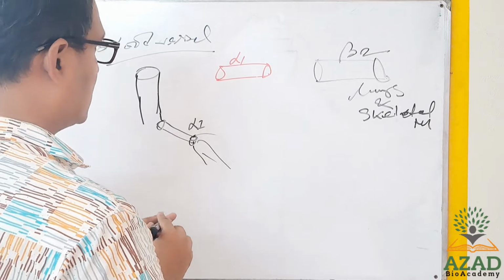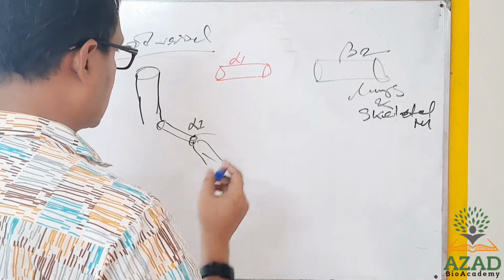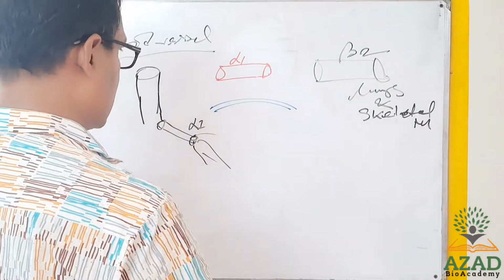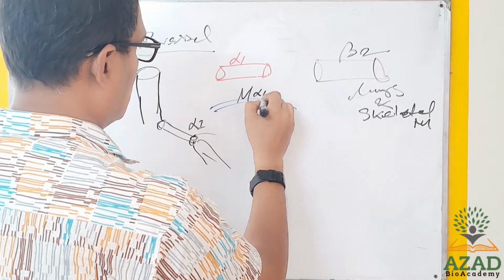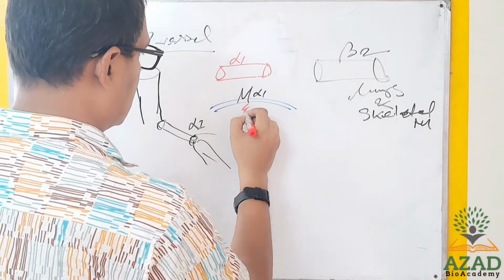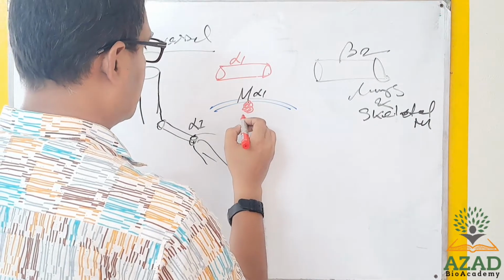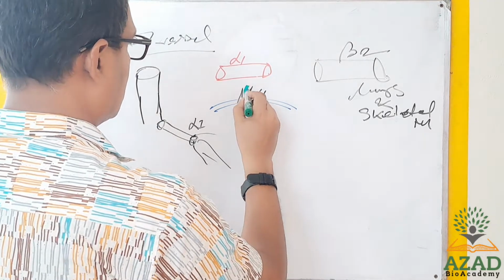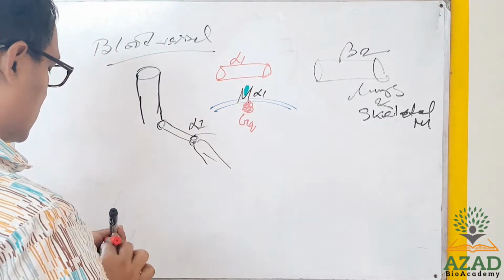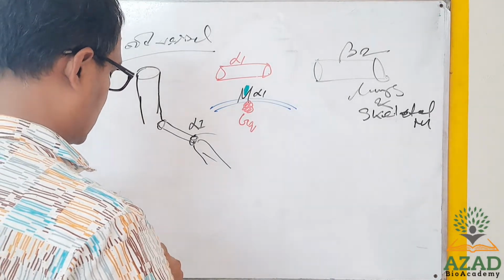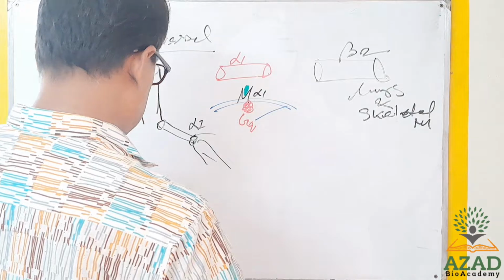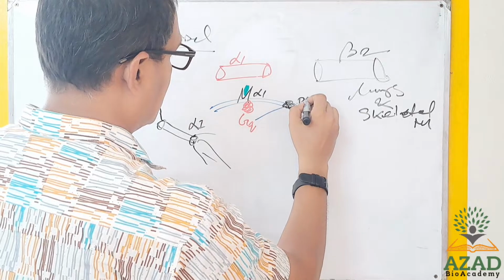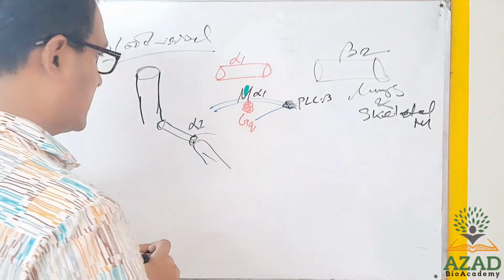So now this alpha 1, suppose if you think this is the membrane of smooth muscle blood vessel, then it will carry a receptor. This is alpha 1, and you know alpha 1 is coupled with the G protein Q, and when your noradrenaline will bind with the alpha 1, then GQ protein will be activated, and then activated GQ will activate PLC beta, phospholipase C beta.